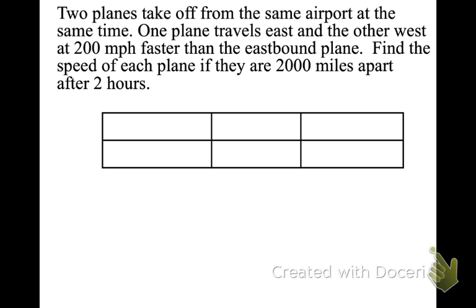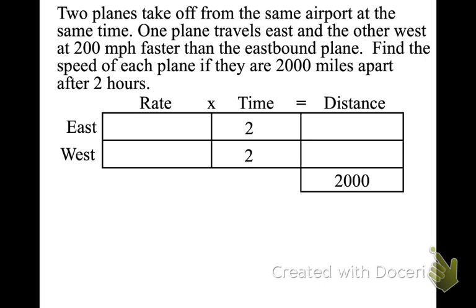All right. So here we're doing the same thing, only this time we're going to use two different variables. We still label it the same way. My time is still 2 hours. The difference is I'm going to call the east rate X and the other one Y. We multiply all the way across.